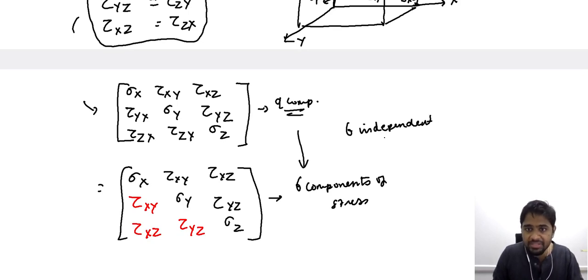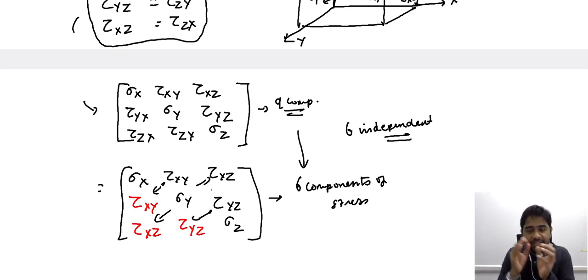The reason we use the term independent is because these two are duplicates, meaning they are dependent on one another. So all that we need is 6 independent components.